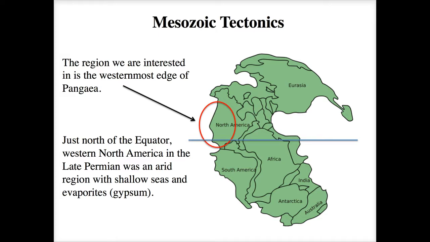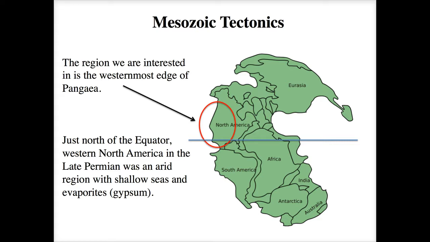That has to do with the direction of the winds and the high and low pressure. But anyway, just north of the equator, in the late Permian, the North America region was mostly an arid area. Any shallow seas that encroached upon the continent at this point were pretty arid, so we're going to end up with evaporite deposits.